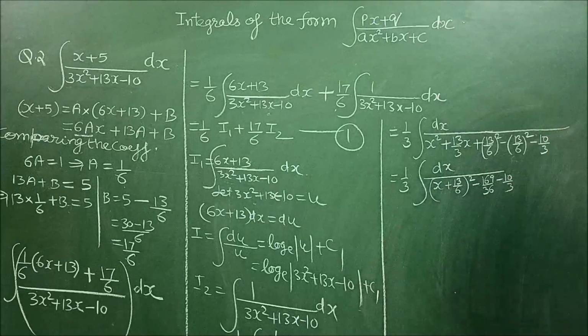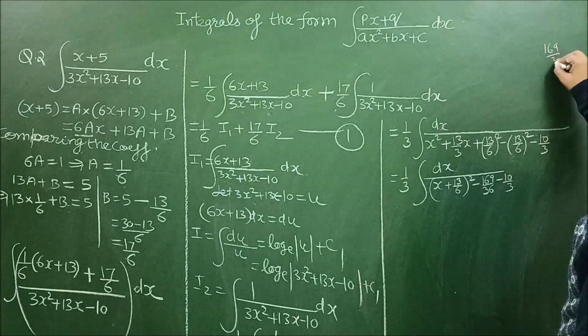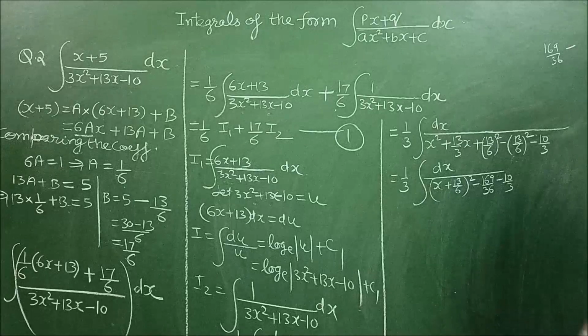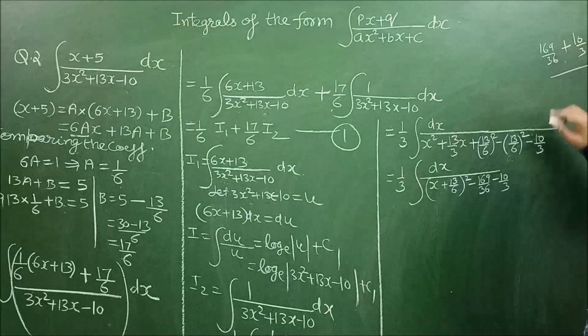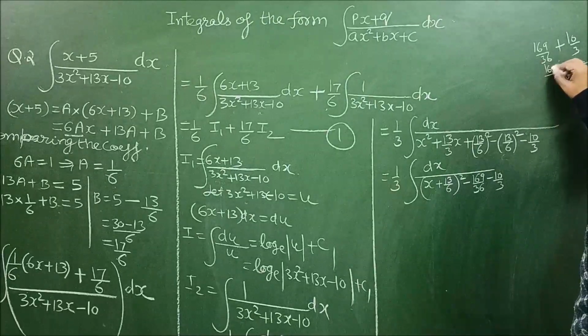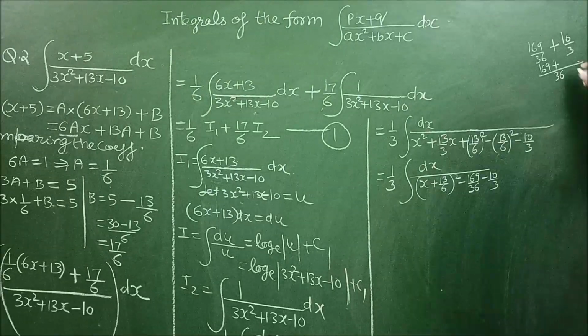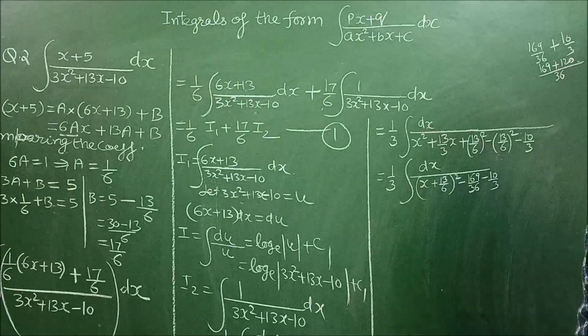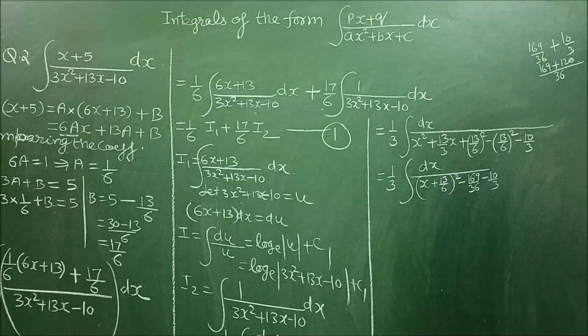Both are negative, so adding these two, 169 upon 36 and 10 upon 3, that is 169 plus 12 times 10, which is 120, that is 289 upon 36.